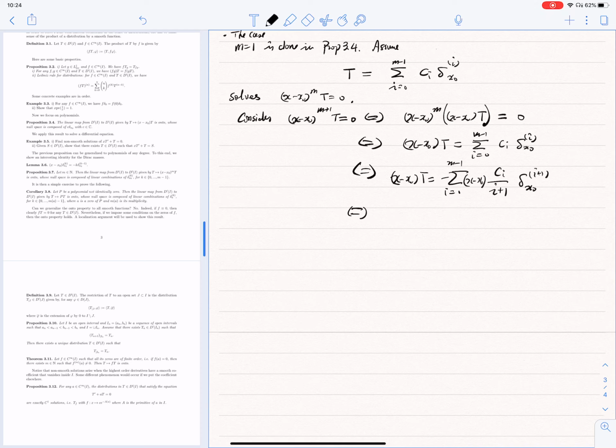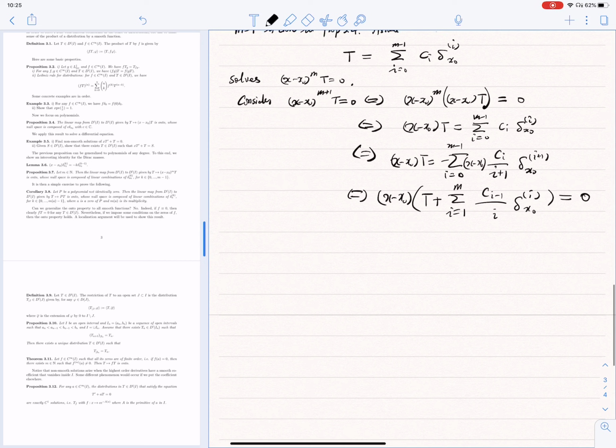Now we can put things together, and by linearity we have t plus a sum. Let's do a variable change: we call this i plus 1 the new i, so i ranges from 1 to m, and c_(i minus 1) delta x naught i is equal to 0.